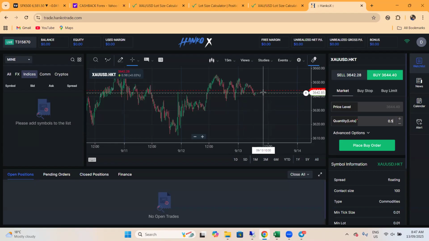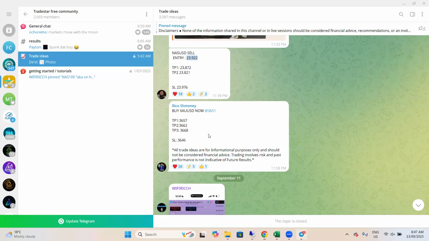So that's your price level. If I go back to here, see it says buy 3651. So around that price level, around the same time, you can place the buy.